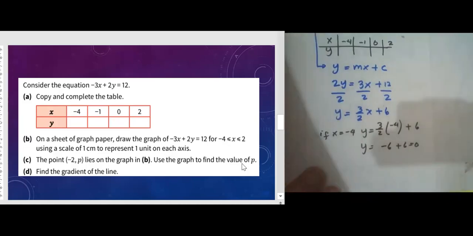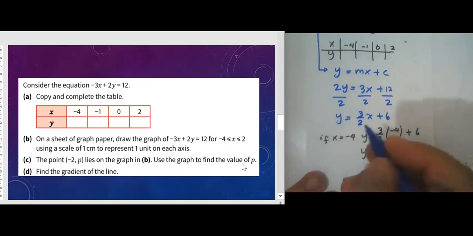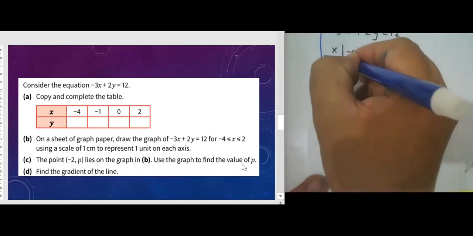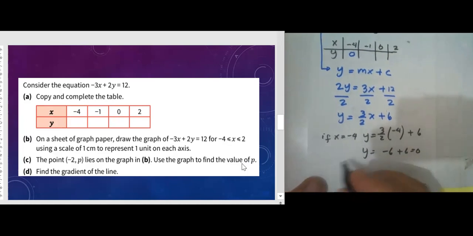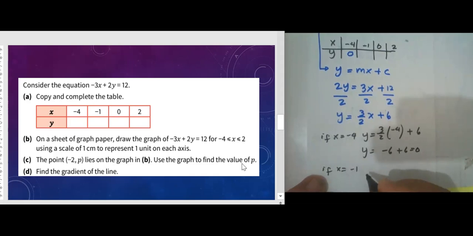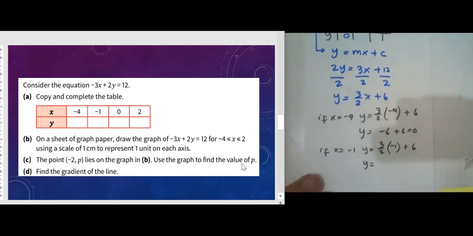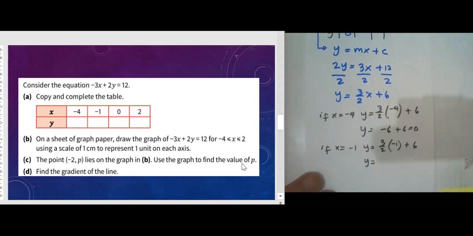So therefore, if x equals negative 4, y will be equal to 0. Then let's do the same thing for x is equal to negative 1. You can pause the video if you want to try it by yourself and then check your work after you try it.